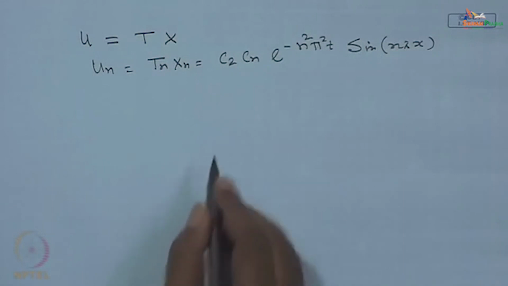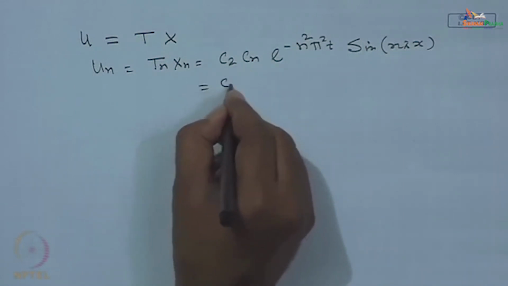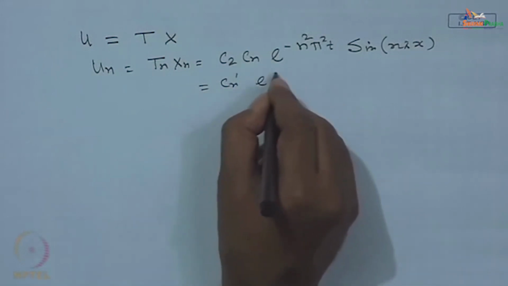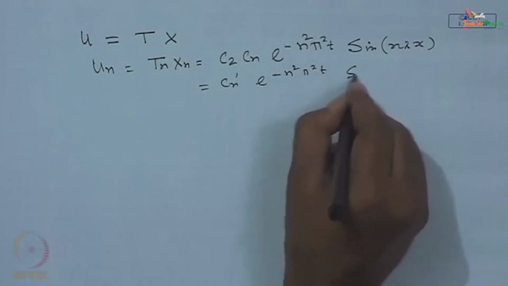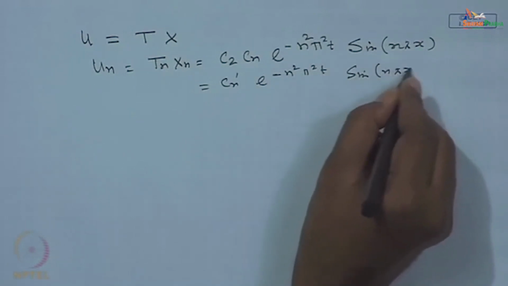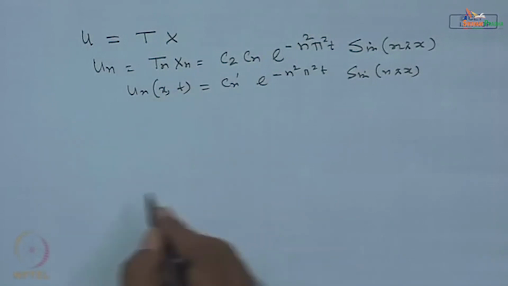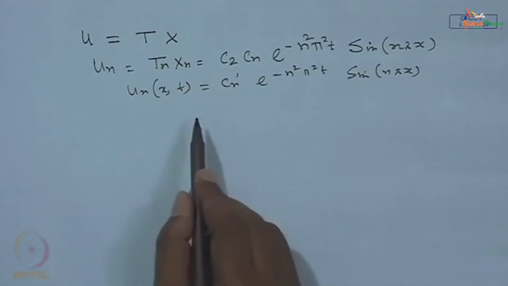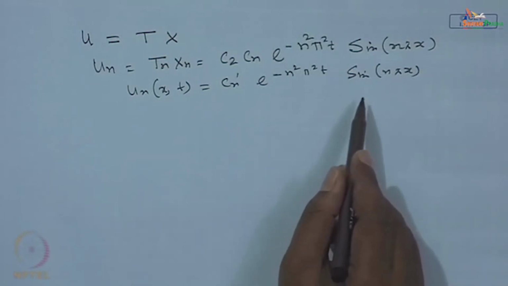Now, C 2 multiplied by C n will be a new constant. So, we call that constant C n prime, e to the power minus n square pi square t sin n pi x. So, that is the nth solution corresponding to the nth eigenvalue and nth eigenfunction.